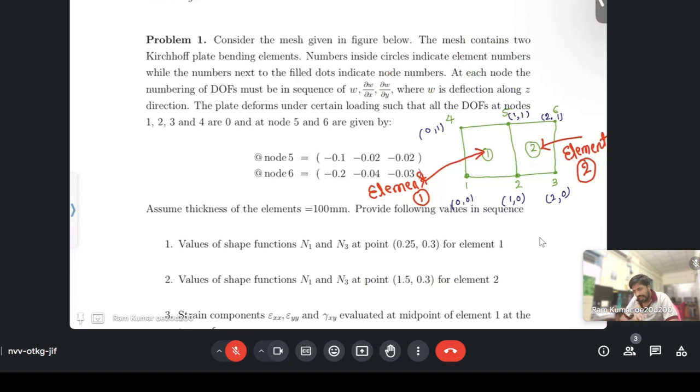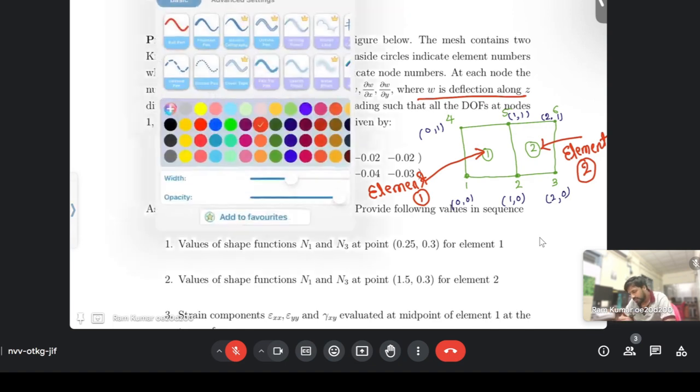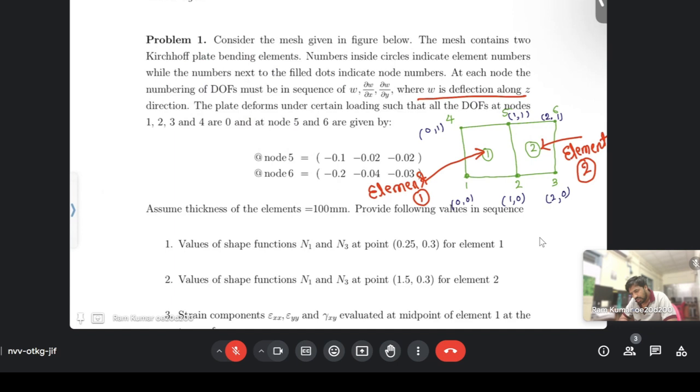That's fine. At each node, the numbering of degrees of freedom must be in the sequence of W, del W by del x, del W by del y. W is the deflection along Z direction. The plate deforms under certain loading such that all the degrees of freedom at nodes 1, 2, 3, 4 are 0.